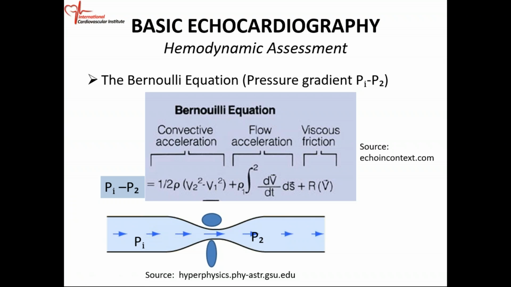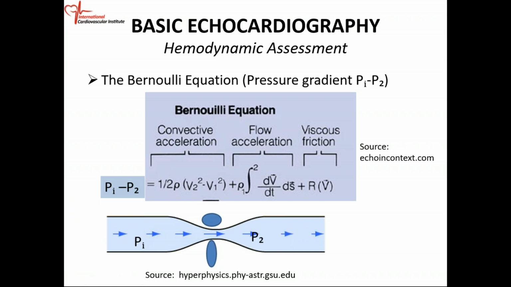The convective acceleration is half rho. Rho is the mass density, and you're going to multiply half rho by the velocity at point 2 squared, so the velocity here squared, and you're going to subtract from that the velocity at point 1 squared, so there's a velocity right there. Okay, so this component is the convective acceleration.